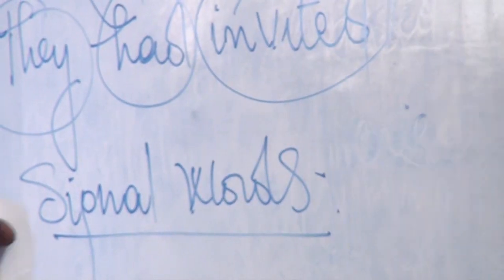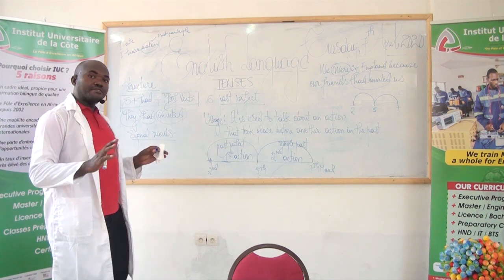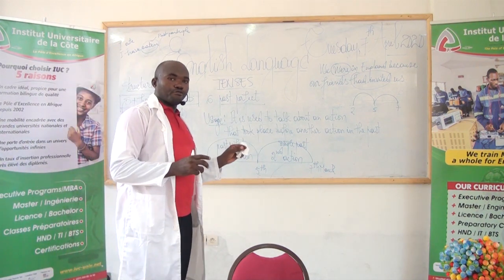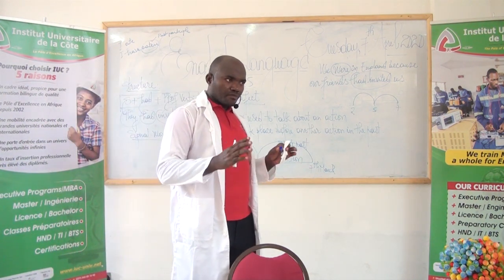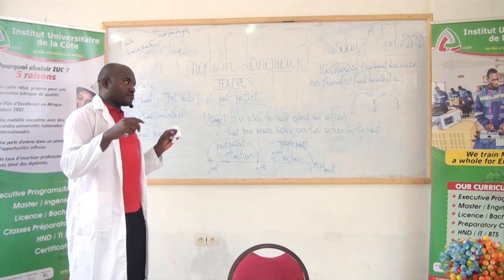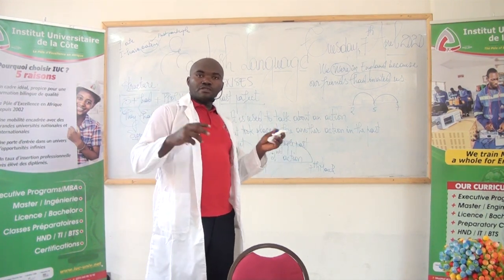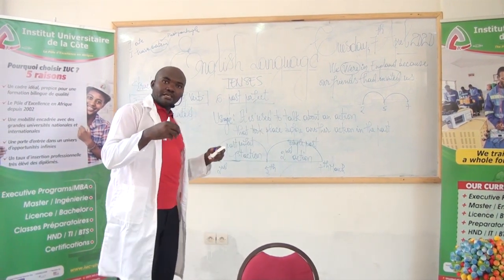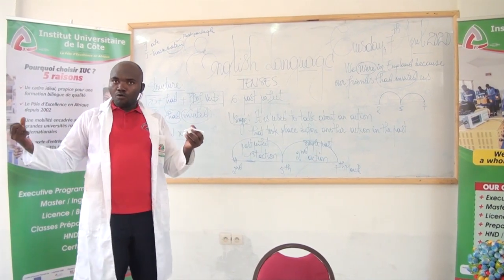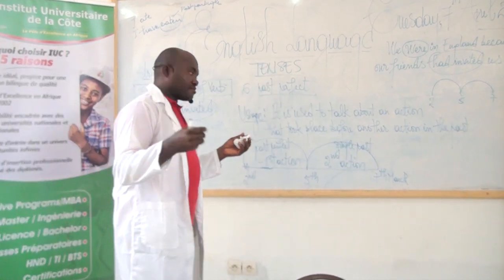Talking about the signal words of the past perfect, we can say that they are almost the same as the signal words of the present perfect. But there is a slight difference. If, for example, in the sentence you have elements of the past, then the signal word will go with what we call the past perfect tense.